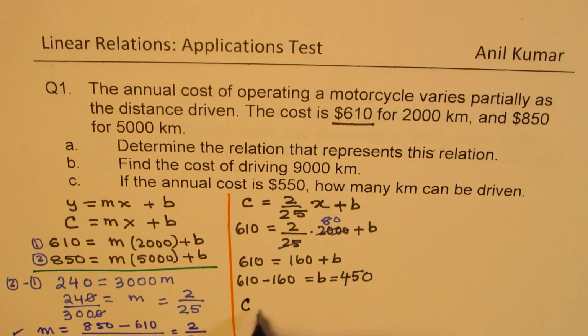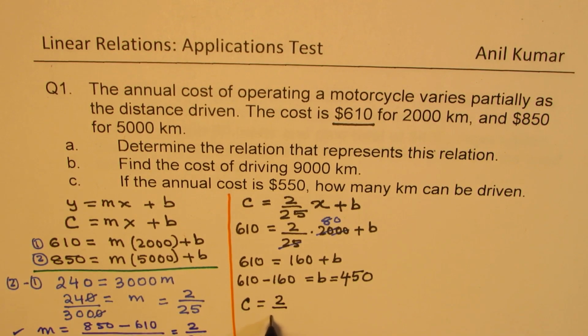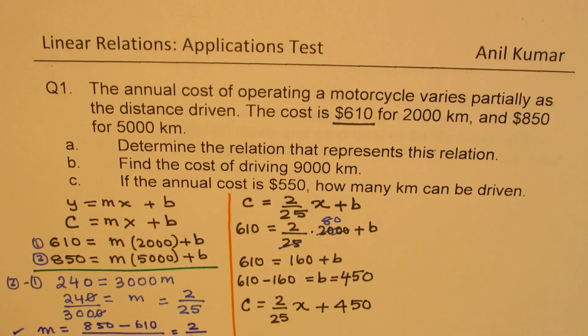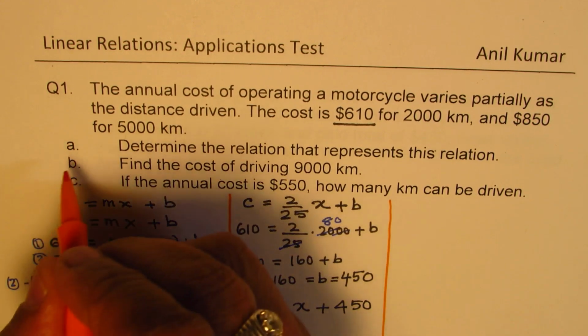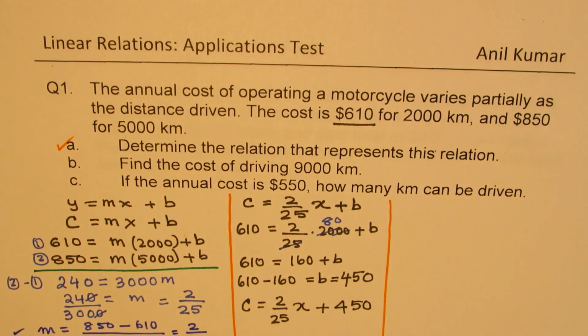So we get the relation that the cost is 2 over 25 times the distance x plus 450. Clear? So that is how we can get the equation to represent this particular relation.